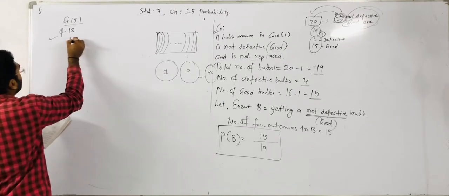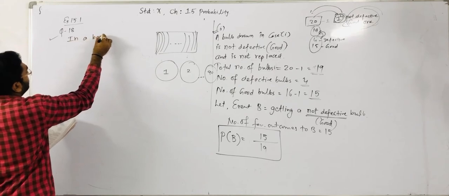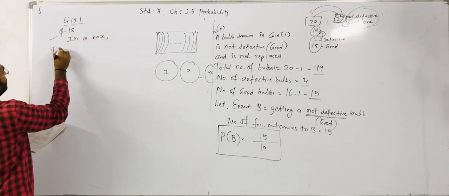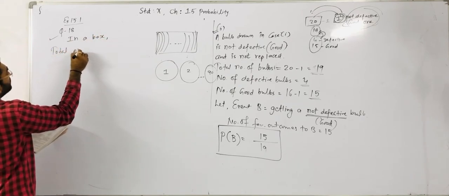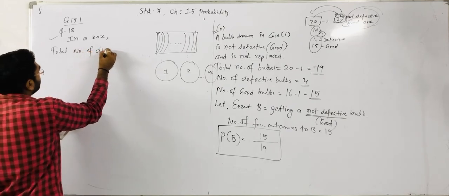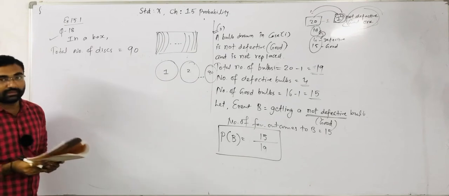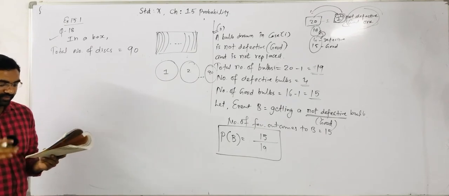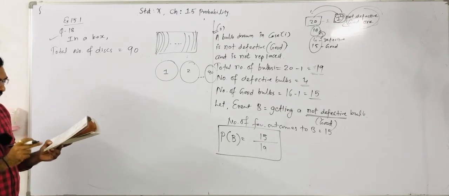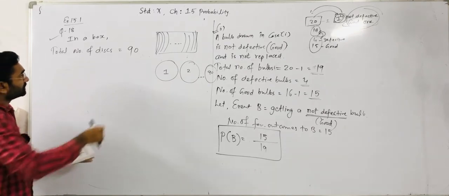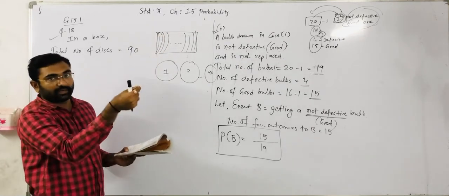So from the first statement we can get the total number of discs. Total number of discs is how many? 90. So the total number of outcomes is 90, because it is given in the first statement. Now, one disc is drawn at random from the box, one of the discs you take outside.